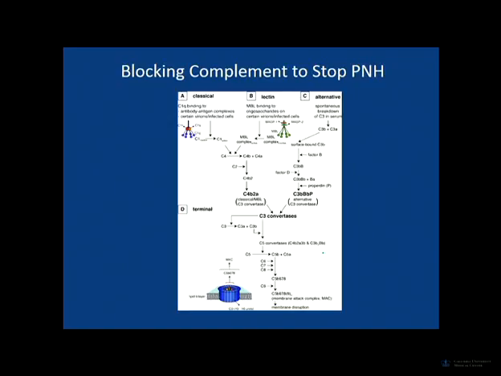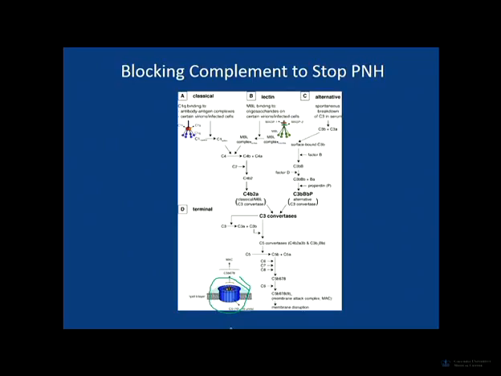So they tried to figure out how they could shut off complement without making people susceptible to infections. You want to have enough complement going on that certain immune functions can go on, but you don't get the membrane attack complex down here. You don't get holes punched inside of red blood cells.